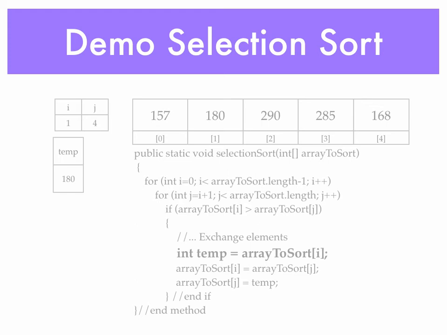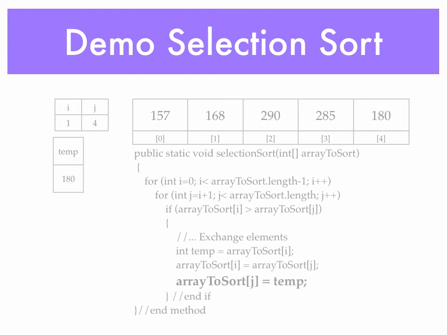We'll take the value in j, which has a value of 4, so we'll take 168, put that into the space I, which is 1, and then we'll take the value stored in temp and put it into space j. So now we have an array that's 157, 168, 290, 285, 180.